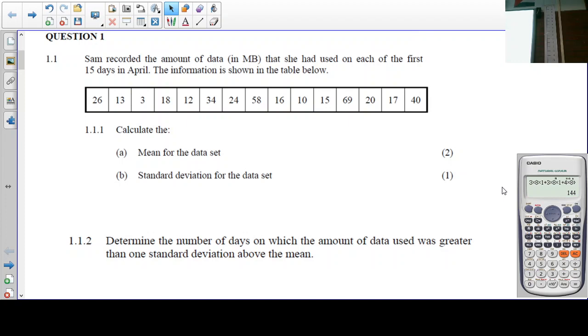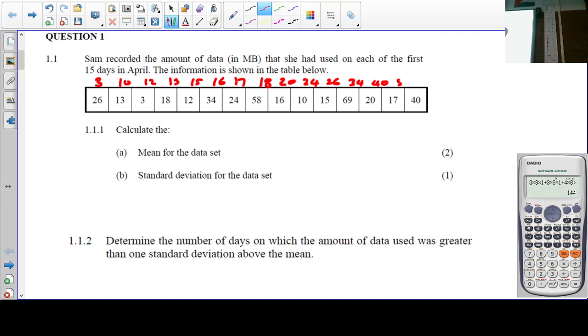The numbers are not given in ascending order. Can you give it to me in ascending order? What is it? 3, 10, 12, 13, 15, 16, 18, 20, 24, 26, 34, 40, 58, 69.